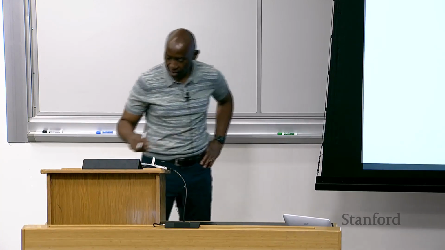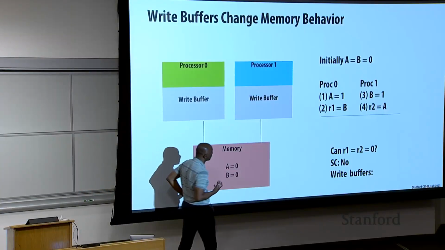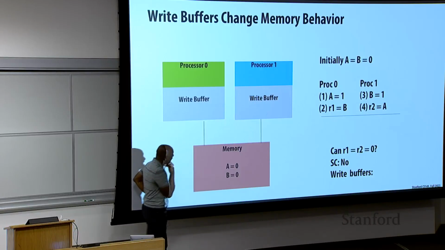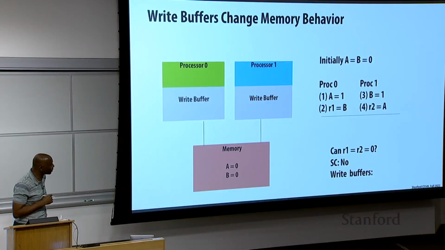If you have the writes just sitting in the write buffers and then you go ahead and execute the reads while that's occurring, then you would read 0, 0. And that's not sequentially consistent.